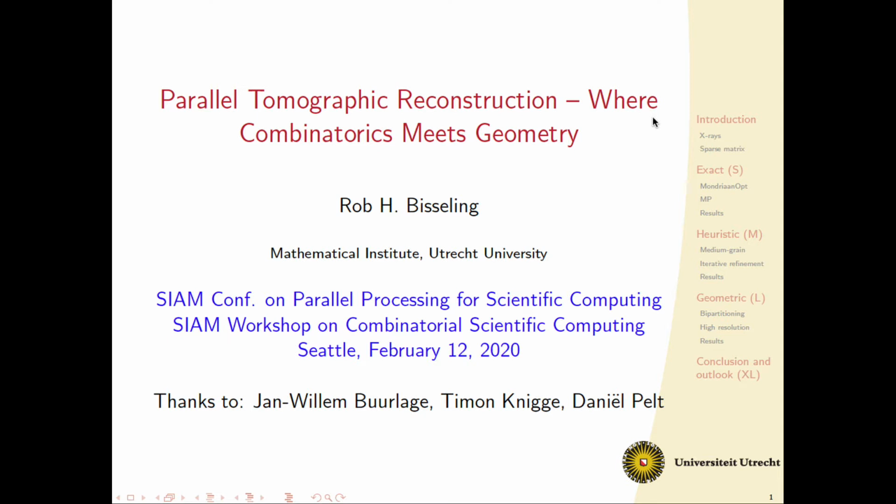So Rob is a full professor in scientific computing at the Mathematics Institute at Utrecht University. Before this, he was a research scientist at Shell in Amsterdam. He got his bachelor's and master's degrees from University of Nijmegen and a PhD in theoretical chemistry from the Hebrew University of Jerusalem. He is author of the book Parallel Scientific Computing, a Structured Approach Using BSP, which is a very good book.